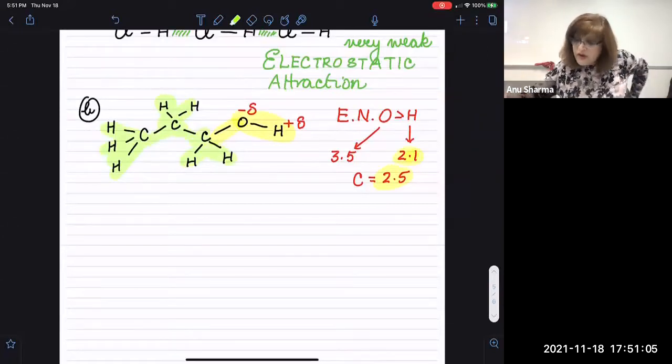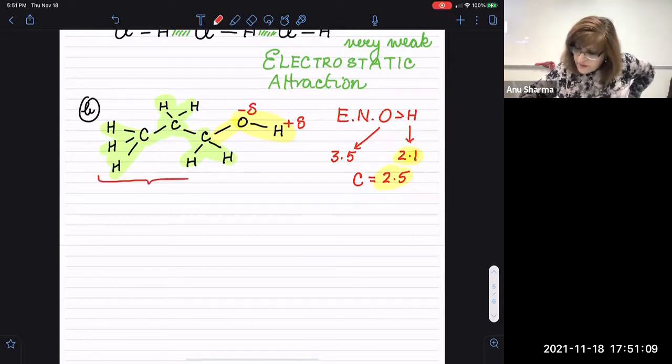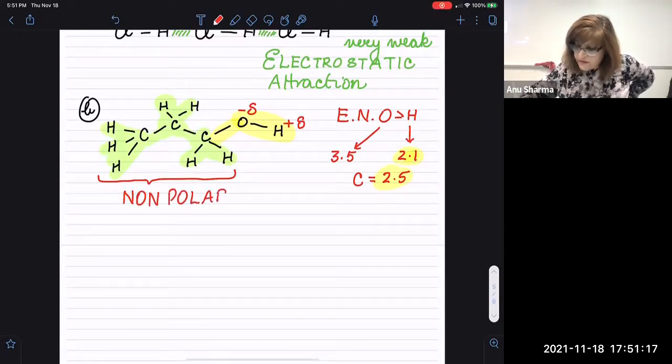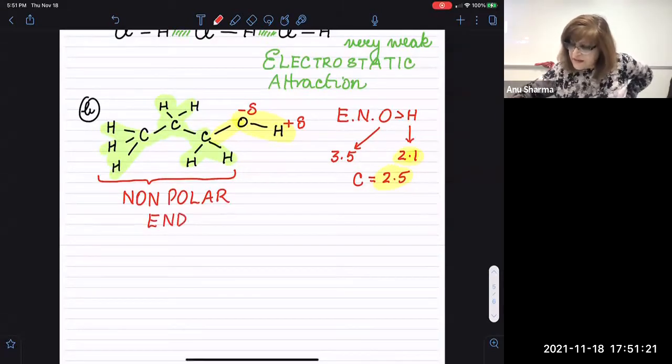So one end is a non-polar end, even though it has lots of carbon and hydrogen bonds, but these are all non-polar. This whole piece right here is a polar end.